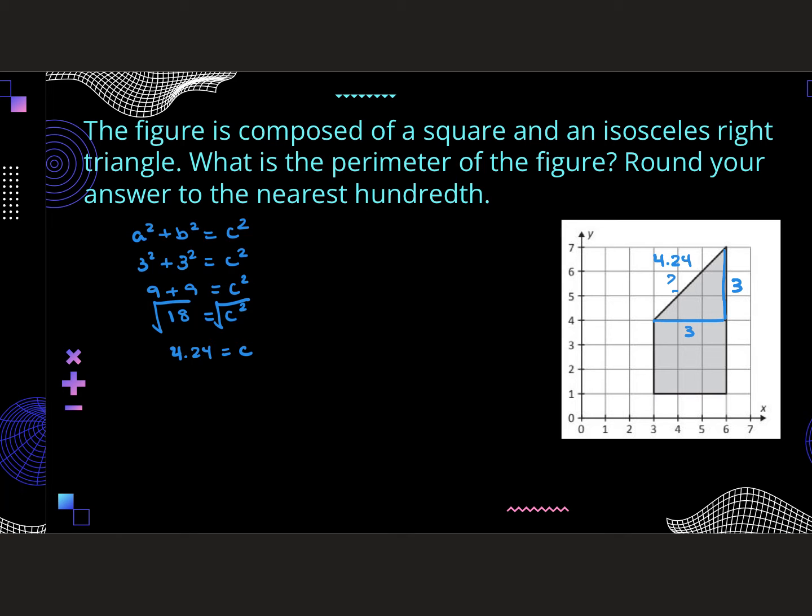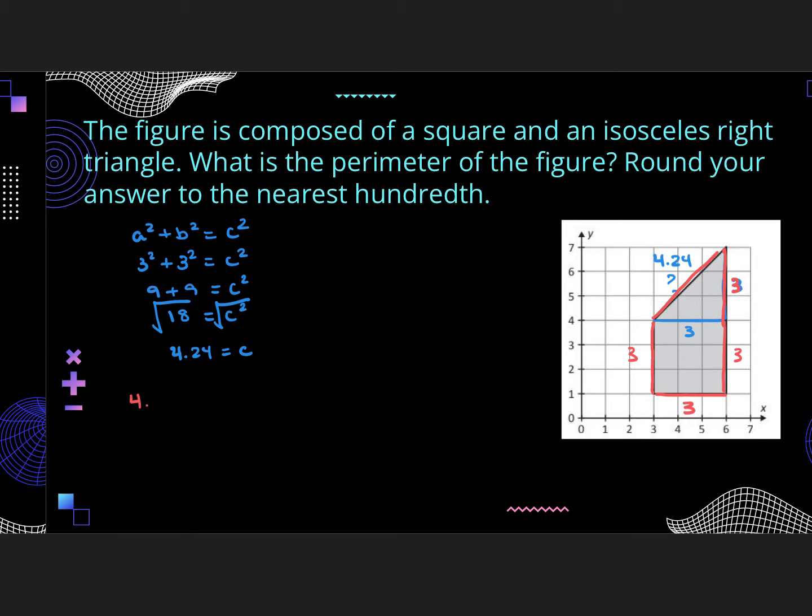All right, so looking from there, we're looking for the perimeter. I'm going to put that in red. Here, 3 units. Here, 3 units. Here, 3 units. Here, 3 units. And then we have the 4.24.